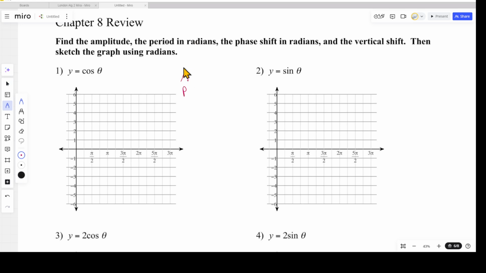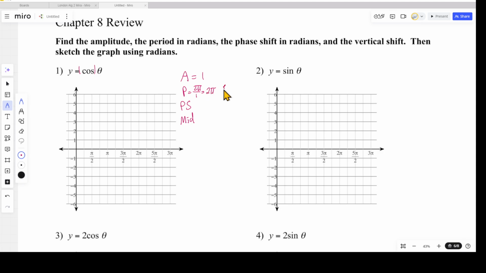Amplitude, period, phase shift or horizontal shift, and midline or vertical shift. The amplitude is 1, the period is 2 pi over b, which is just 2 pi.